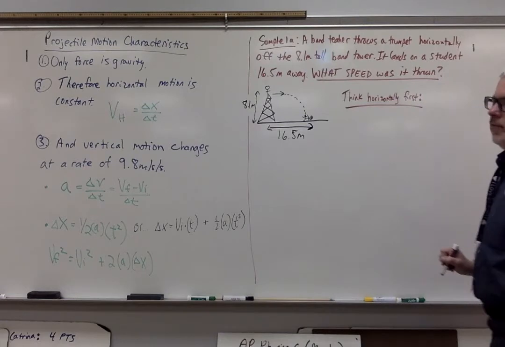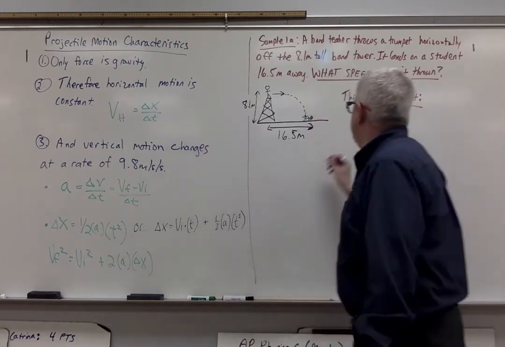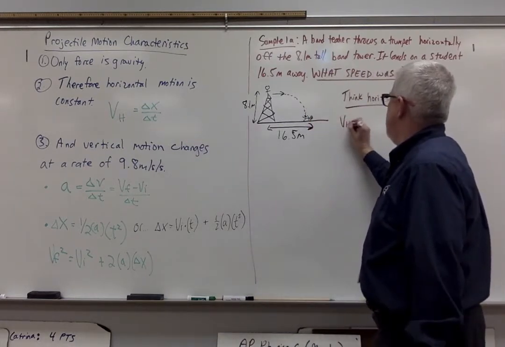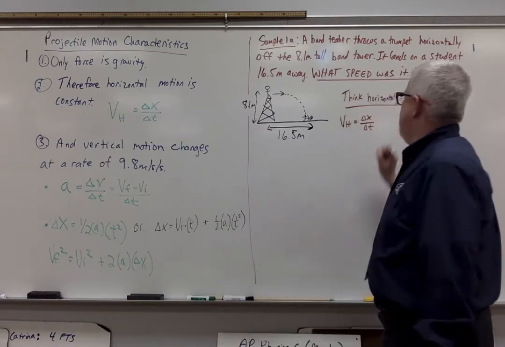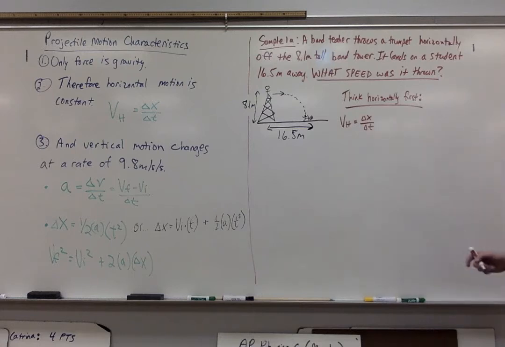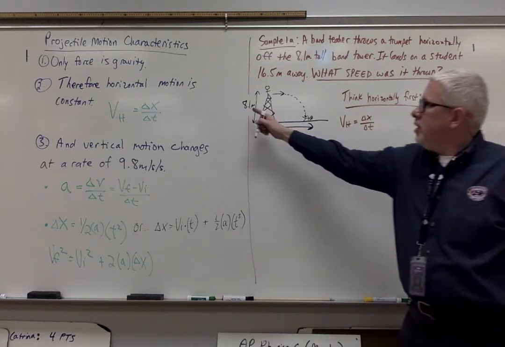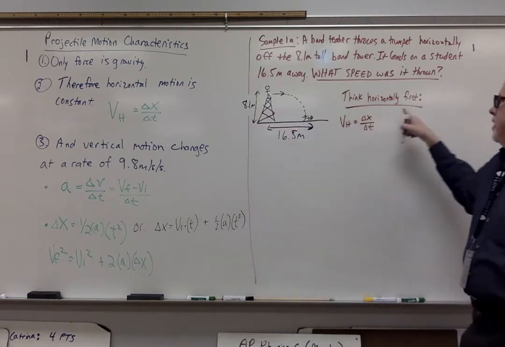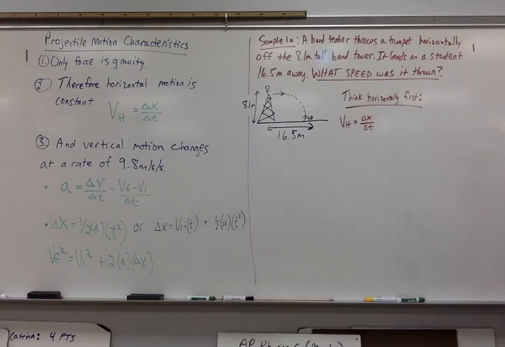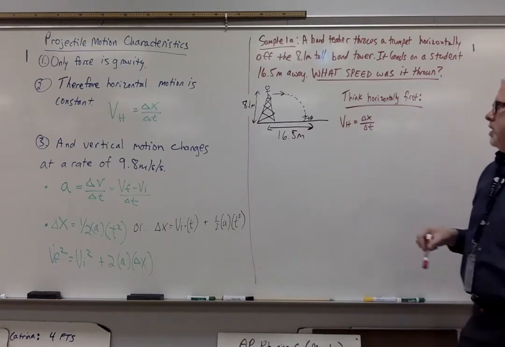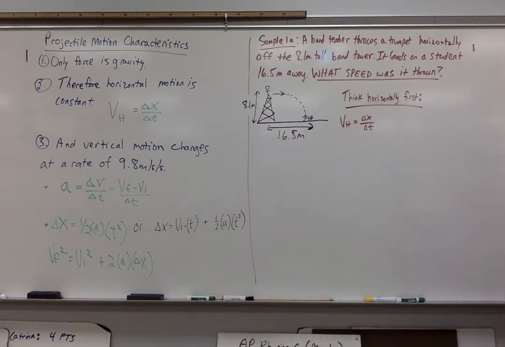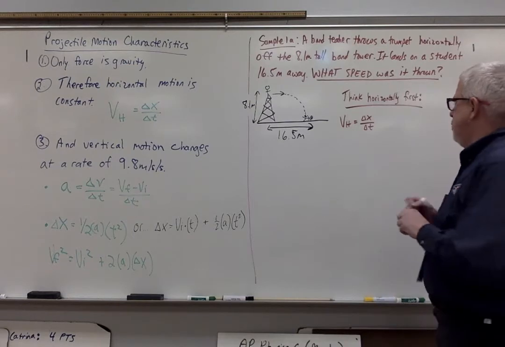Well, the only equation I've got for that is this one. VH, which actually would be the speed it's thrown, equals change in position over change in time. And you might say, well, what do I use for delta x? Is it 8.1 meters or 16.5? This is a horizontal equation, so we can't just shove a number in. 8.1 is something that's vertical. So we're going to use 8.1 meters for vertical situations. Here we're going to use 16.5.